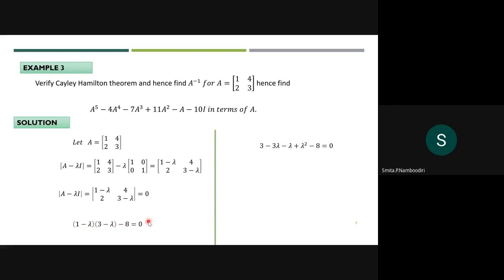Is it okay? The equation is lambda square minus 4 lambda minus 5. Great, with lambda not you have typed, very nice. Lambda square minus 4 lambda minus 5.